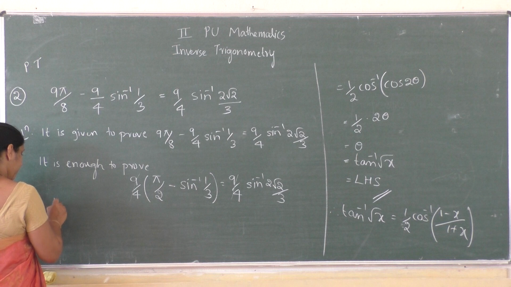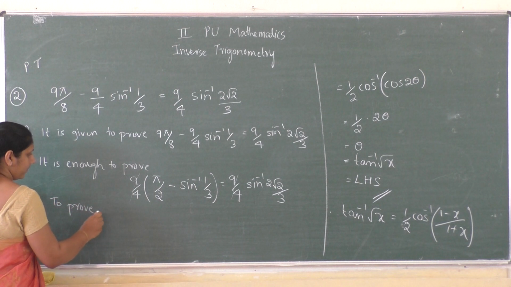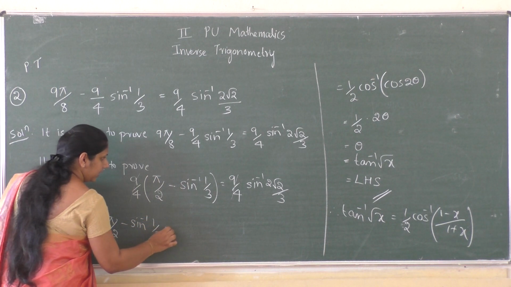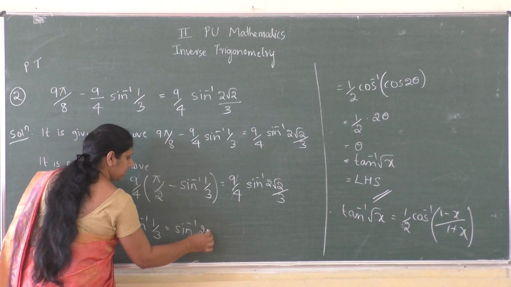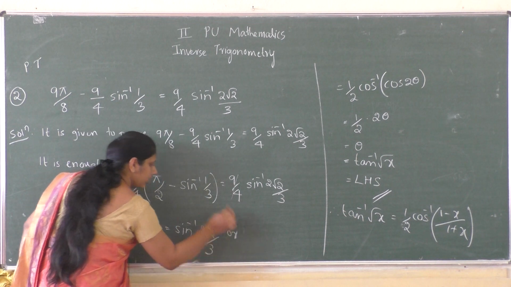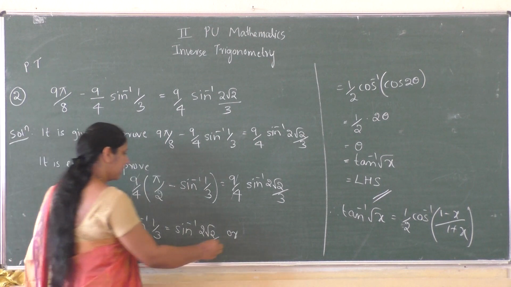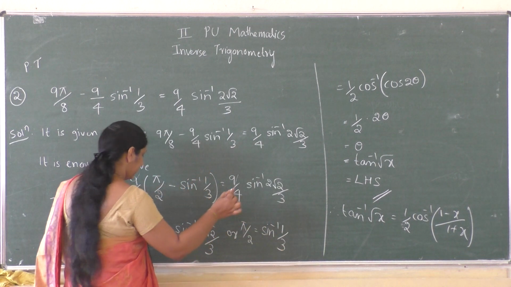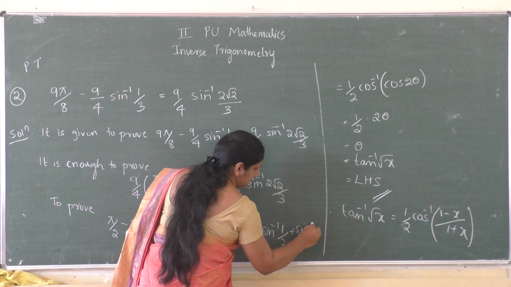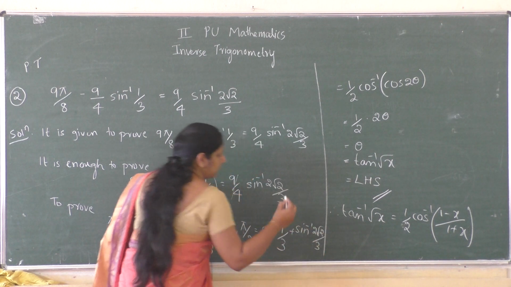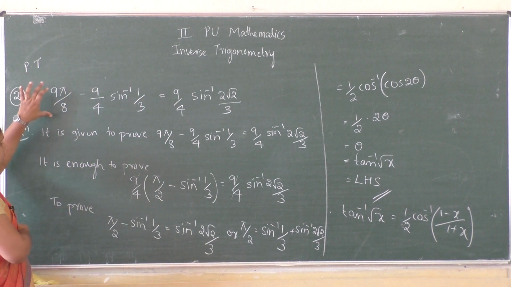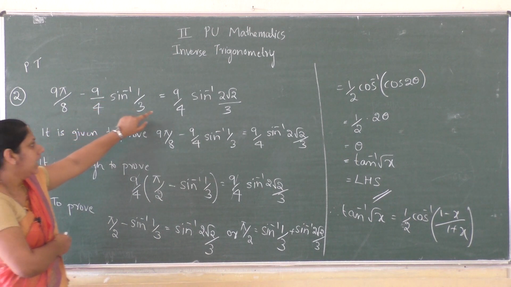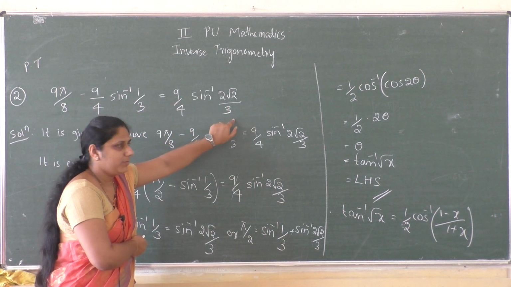Therefore, to prove pi by 2 minus sin inverse 1 by 3 equal to sin inverse 2 root 2 by 3, it can be rearranged as pi by 2 equal to sin inverse 1 by 3 plus sin inverse 2 root 2 by 3. So this is the given question, 9 pi by 8 minus 9 by 4 sin inverse 1 by 3 equal to 9 by 4 sin inverse 2 root 2 by 3.